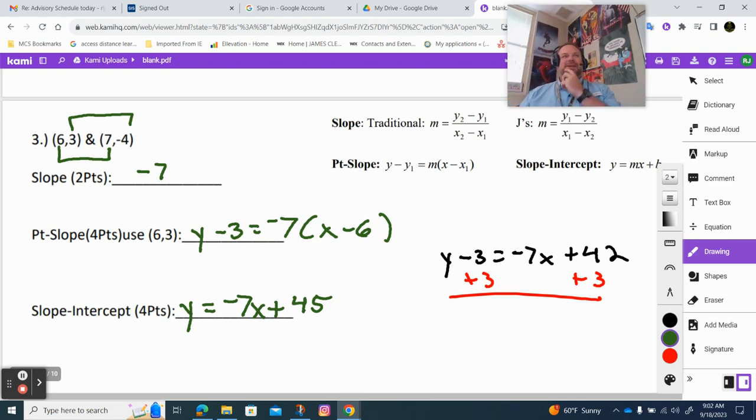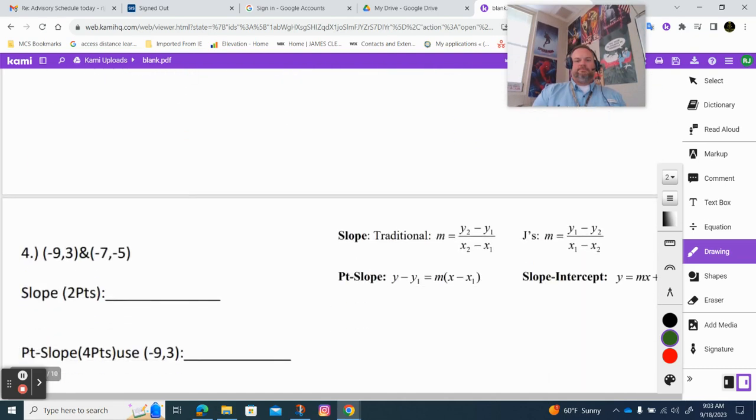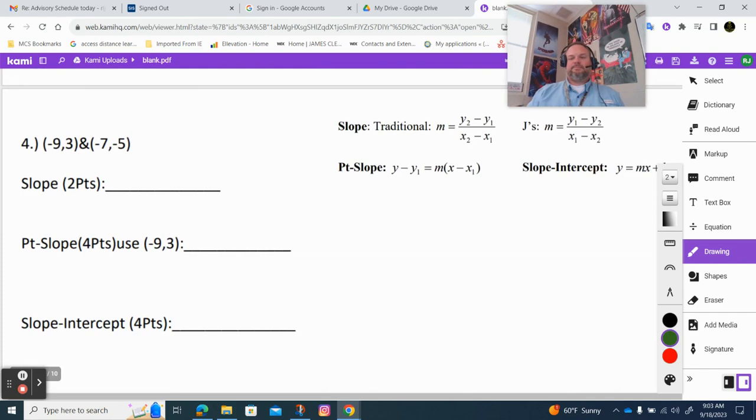All right, number 3. Anybody need more time? All right, we get negative 4 here. So y minus 3 equals negative 4.